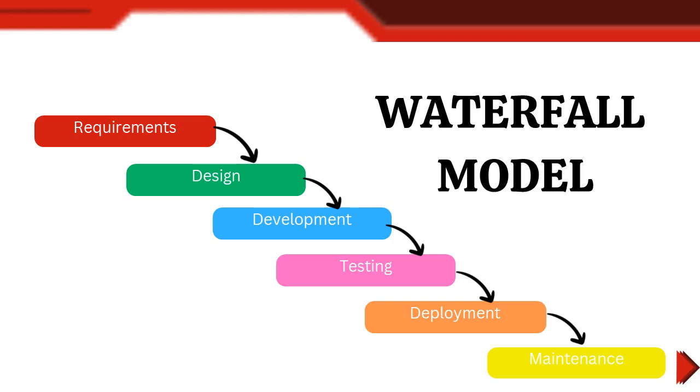That's exactly what the waterfall model does. In this video, we will explore what the waterfall model is, its phases, advantages and disadvantages, and how it's applied in real-world projects. So, let's get started.